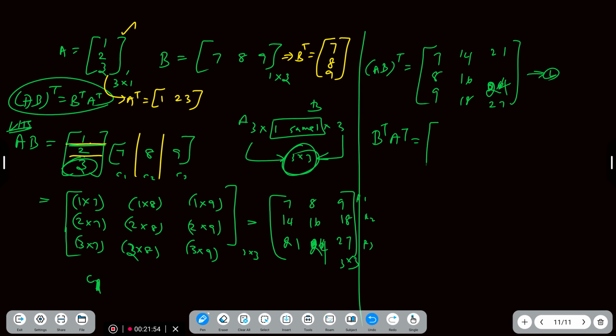B transpose is 7, 8, 9 and A transpose is 1, 2, 3. Now B transpose order, what? 3 rows, 1 column. So that is 3 by 1. Like that A transpose order, what? 1 row, 3 columns. So 1 by 3 A transpose. So the inner 1 and 1 is same. Your answer will be what? 3 by 3. So your answer must be 3 by 3.